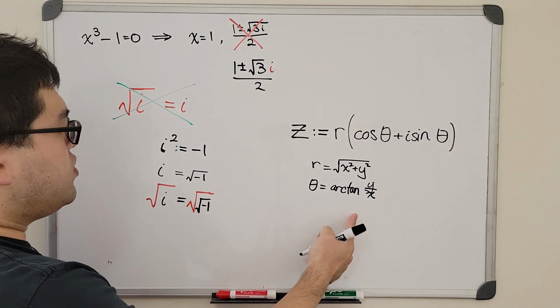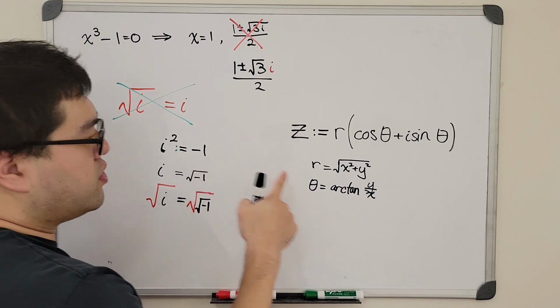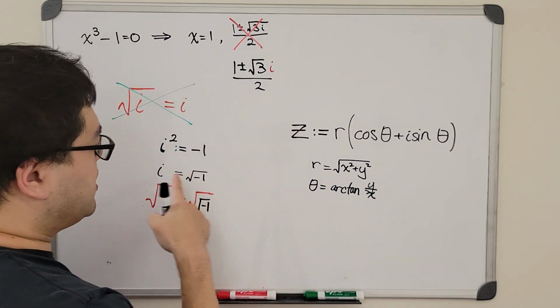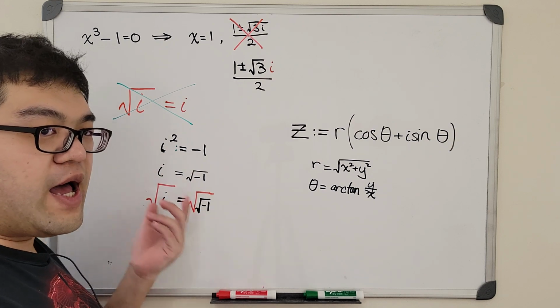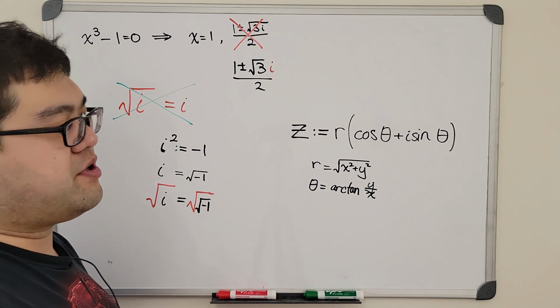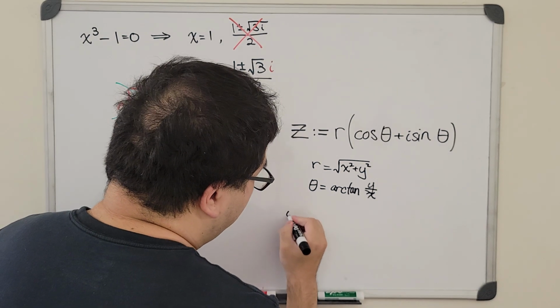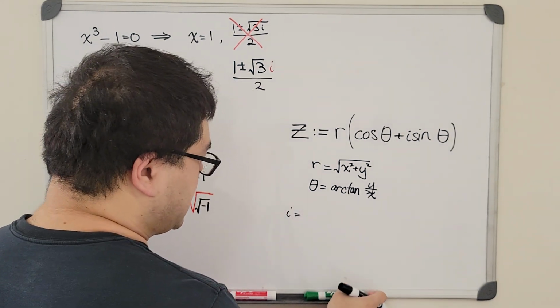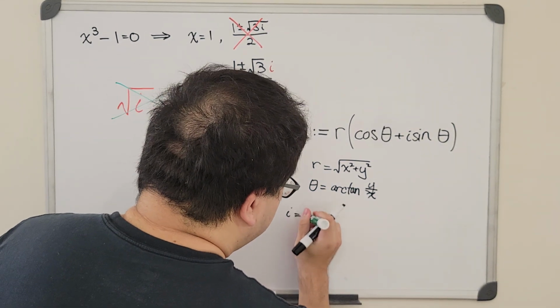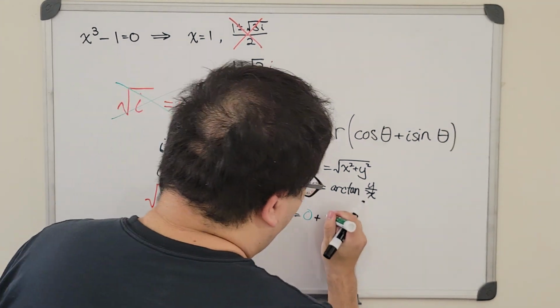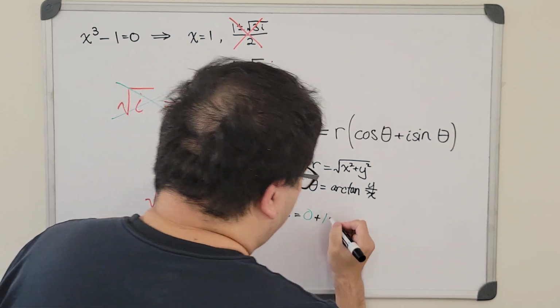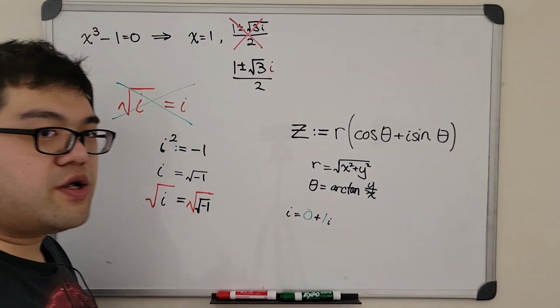Then let's see what i really means. i is defined as the square root of -1, but it is also known as the imaginary unit. So i is the same as saying 0 for the real part plus 1 for the imaginary part.